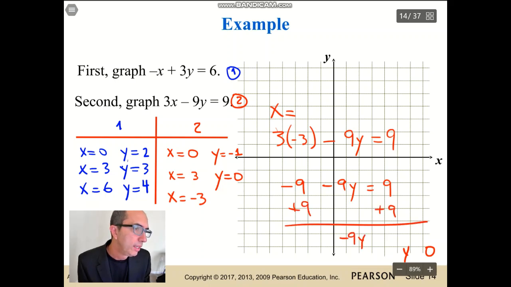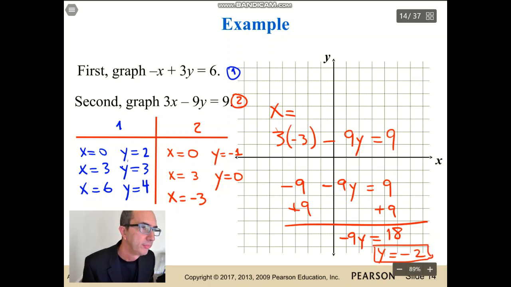Negative 9y equals 18. Y equals 18 divided by negative 9, negative 2. So y equals negative 2.